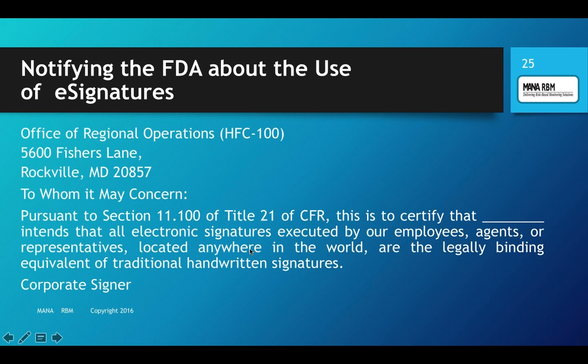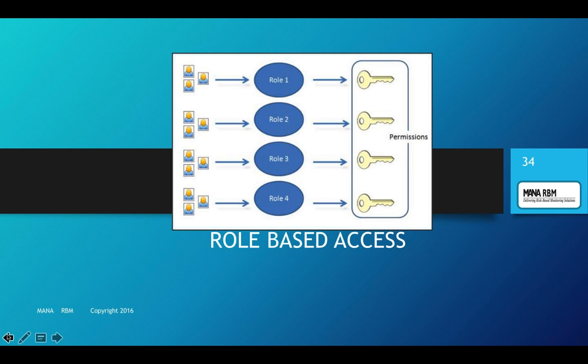This is the letter, and it's in 21 CFR Part 11, but it says this is to certify that all electronic signatures executed by employees, agents, or representatives are the legally binding equivalent of traditional handwritten signatures. So this is something that you should submit from your company. Every company that's using e-signatures should have that, which is pretty much every company.